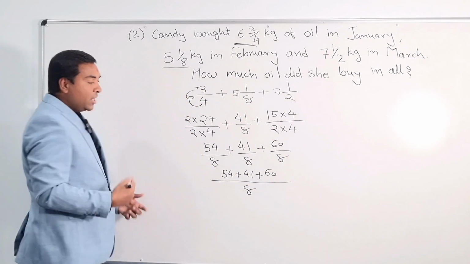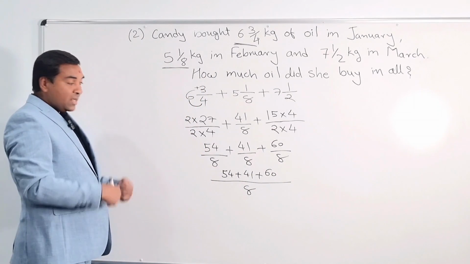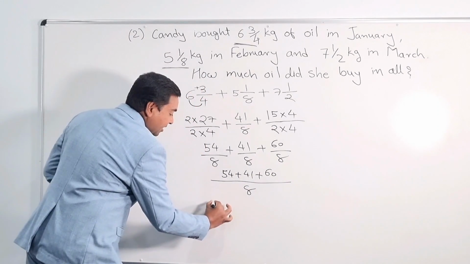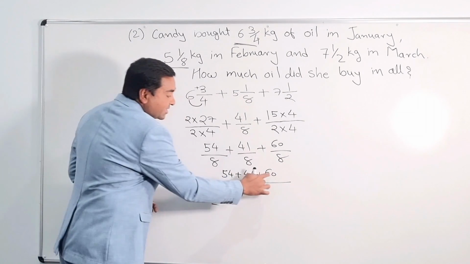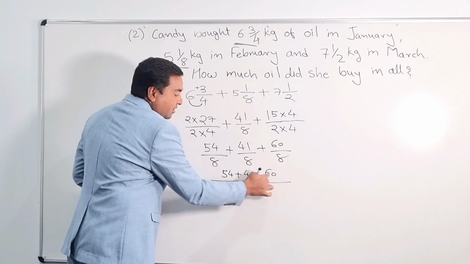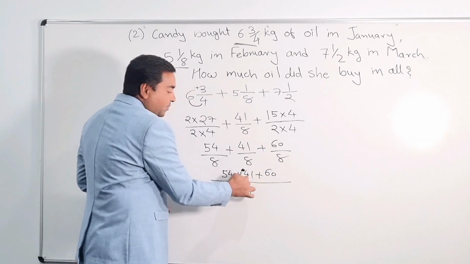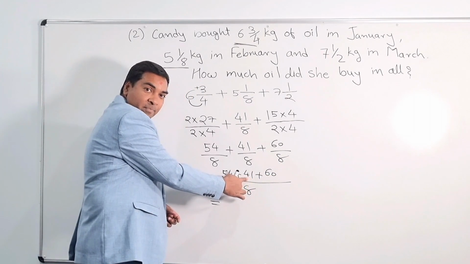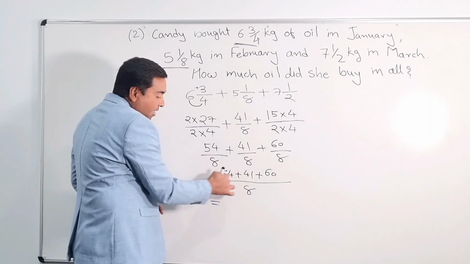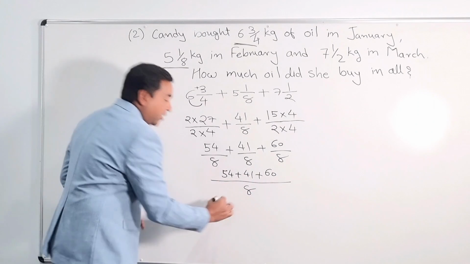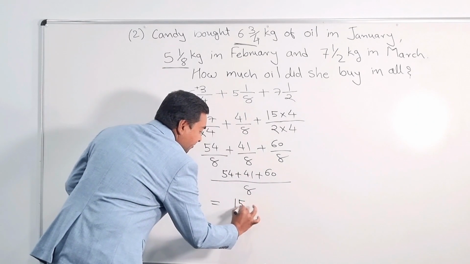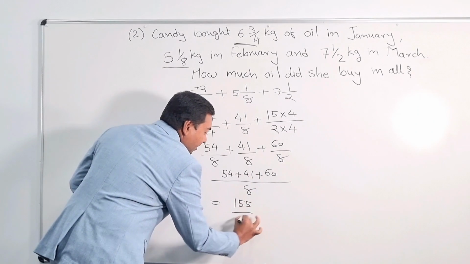Now guys, if you really want to add them up quickly, I will teach you the technique as well. So let us say, I'll not start from that end, but I know 60 plus 40 makes 100, is it not? So 60 plus 40 is 100. So this is going to be 100 and then 54. So 154. And then there's one more here. So that will make me 155 divided by 8.